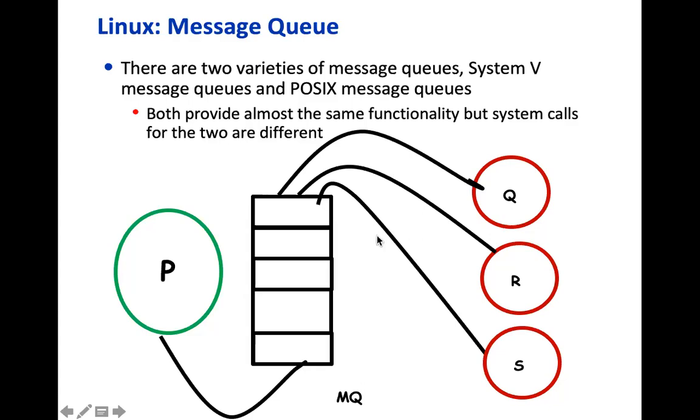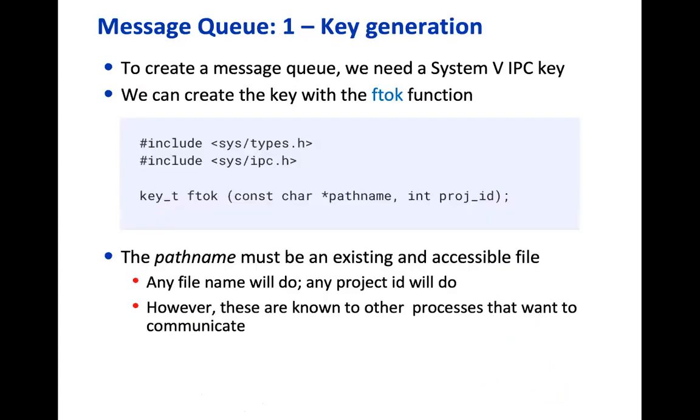But then in the receive function, MSGP is the pointer to the buffer, right? So what is the need for that pointer? If we already have the message queue ID, then we can directly use that. We are not going to get into details, but it is a pointer to where the message goes once you receive it.